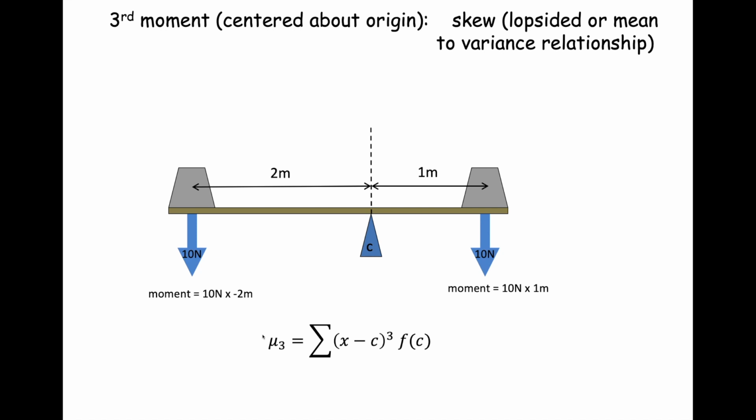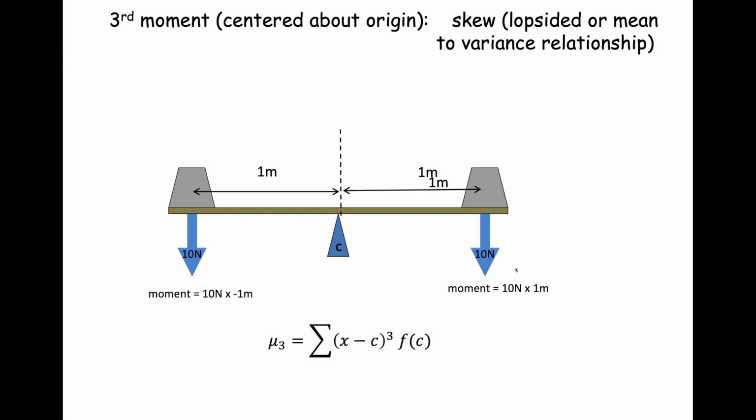We have at -2 distance 10 newtons, and we have at +1 distance 10 newtons. So that's -2 cubed times 10, 1 cubed times 10. 2 cubed is 8, so that's -8 times 10, that's -80, plus 10, that's -70. So it's going to be lopsided.